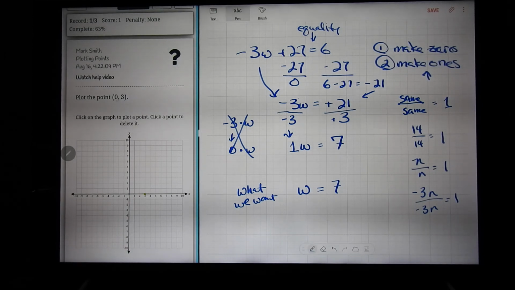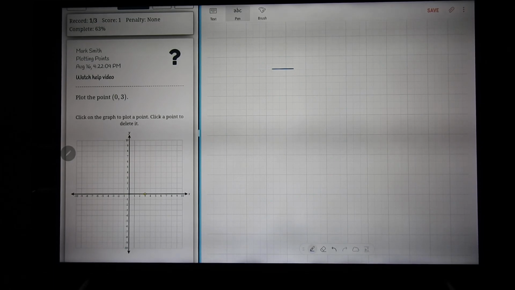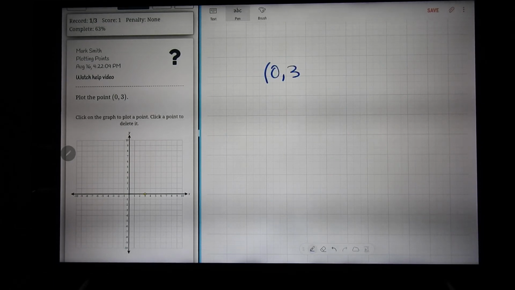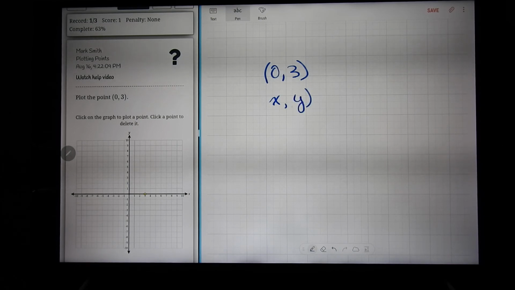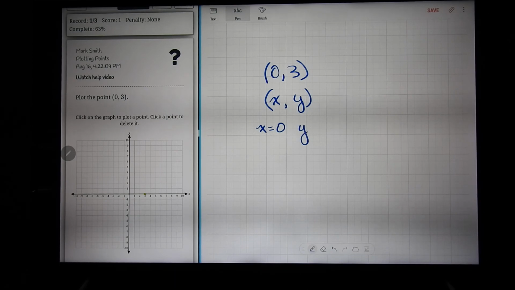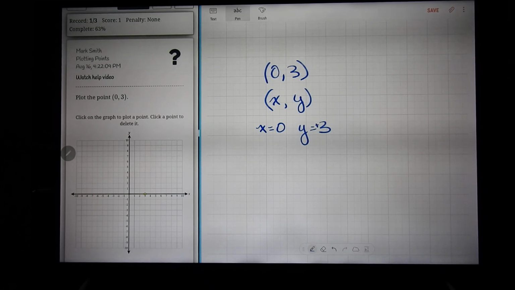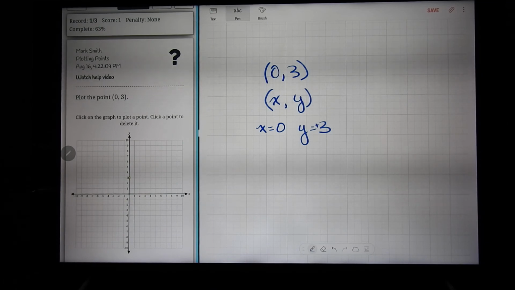All right, and here we have, don't forget, let's erase this for a second, and 0, 3, all right. So remember that this is the x and this is the y. All right, so in this case, x equals 0 and y equals 3. All right, and actually it's a positive 3. All right, and so that's not the right spot, so that's the right spot.